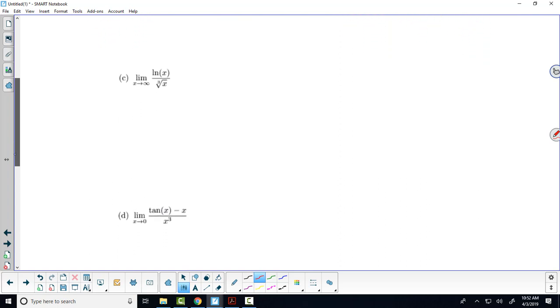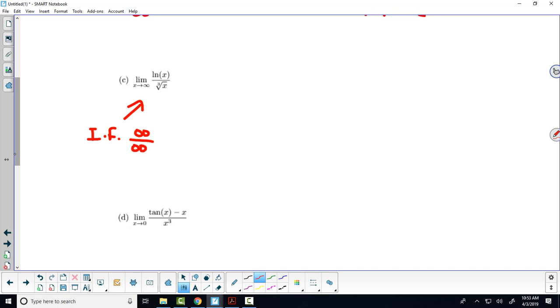Let's look at letter C here. Each one of these, by the way, has a specific point. Does this have an indeterminate form? Yes, infinity over infinity. It's still indeterminate form, infinity over infinity.